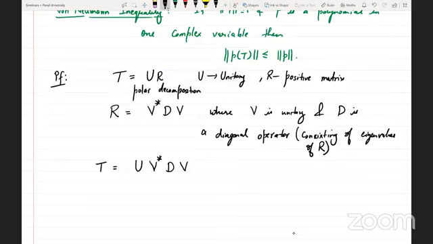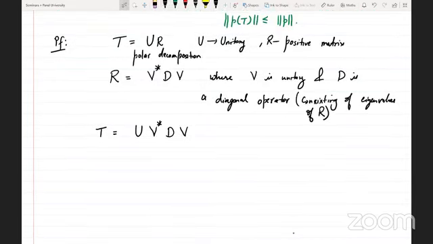By the way, one more result from linear algebra: if the norm of T is less than or equal to 1, then the singular values will also be less than or equal to 1.